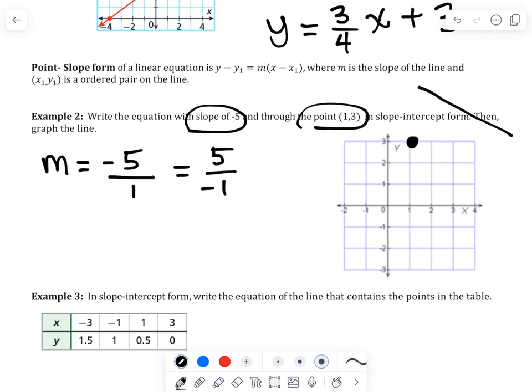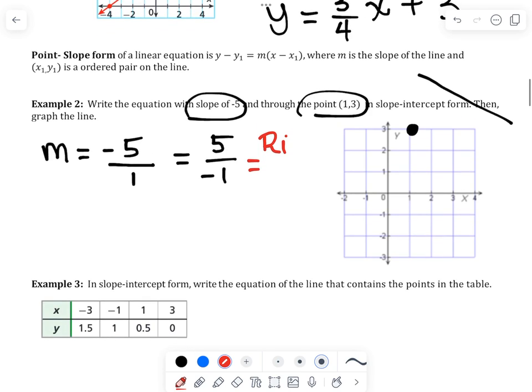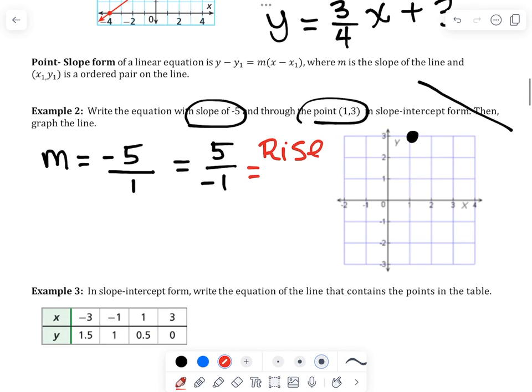To be able to graph this line, I have to rise over run. So I'm going to go down 5: 1, 2, 3, 4, 5.